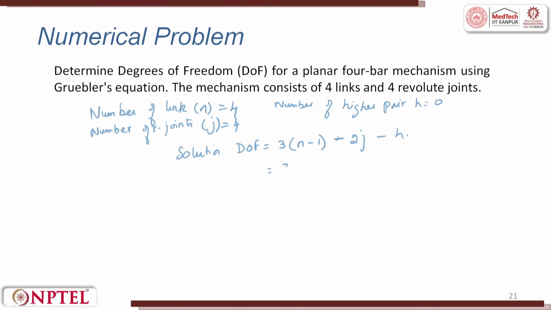So, which is 3 times (4 minus 1) minus 2 into 4 minus h, h is 0. So, which is 3 times 3 minus 2 times 4 minus 0, which is 1. So, it is 1.